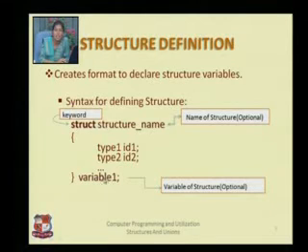Then after that we create the variable of this structure. ID 1 and ID 2 are the member variables of the structure, whereas this variable 1 is a variable of the structure name, right? So that is a variable of the structure. Again, it's optional. If you don't want to declare that variable here, you can declare it later on.